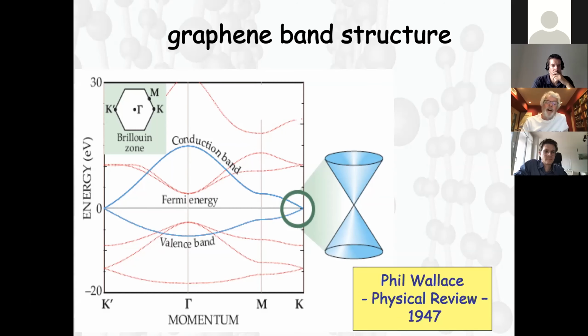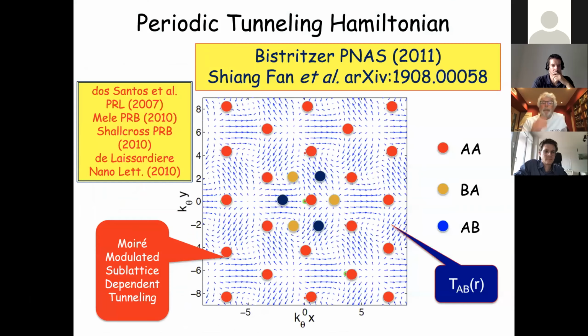And that periodic model follows the point of view that I just explained to you for the TMD case, and which we applied some time ago to graphene bilayers, in this work with Rafi Bistritzer, and has been improved in more recent work.